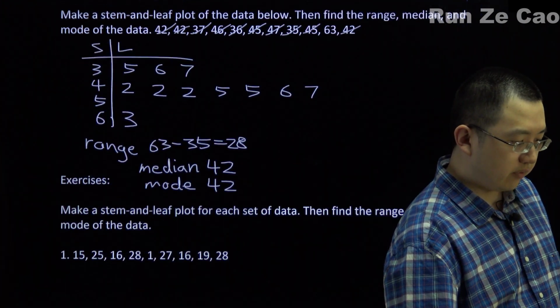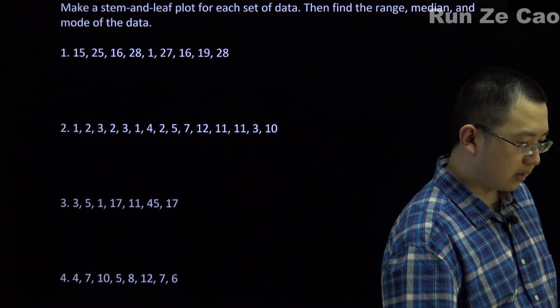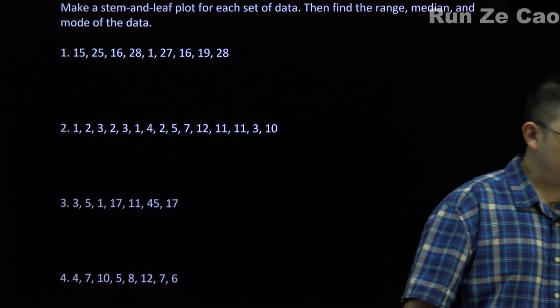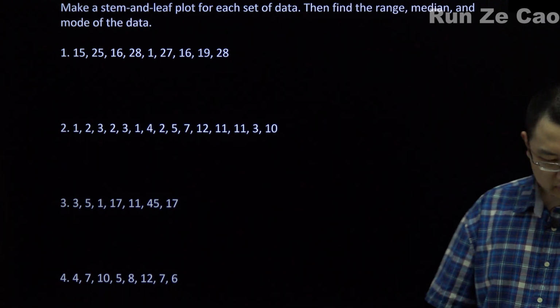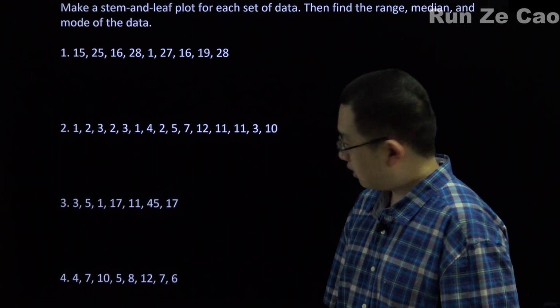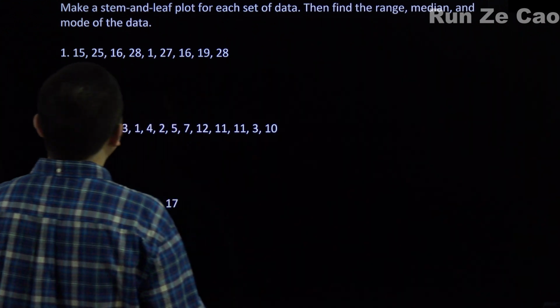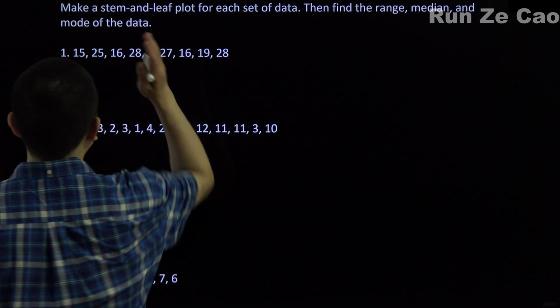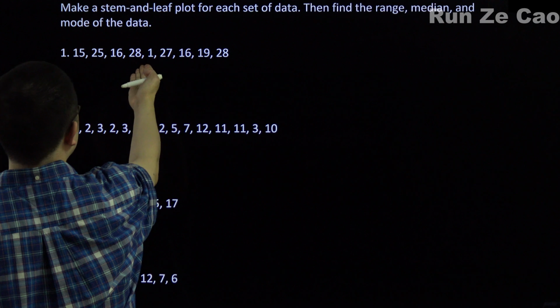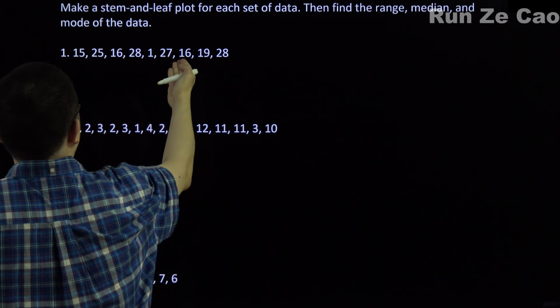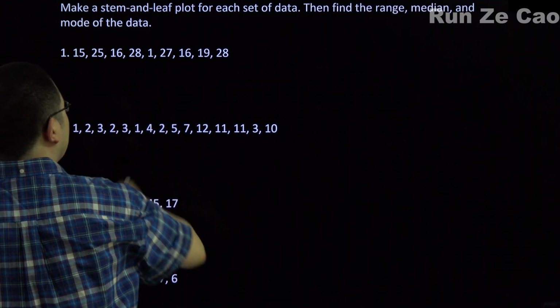Okay, so let's make a few other stem and leaf plots. Then find the range, median, and mode of the data. Fortunately, we don't have to calculate means, so it's not that button mashy. Stem and leaf plot. Well, we got less than 10, so 0, 1. We got the 10s, and we got the 20s here.